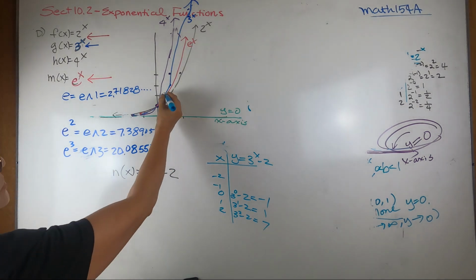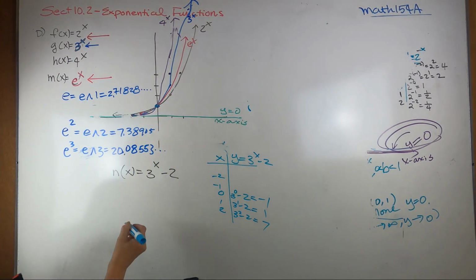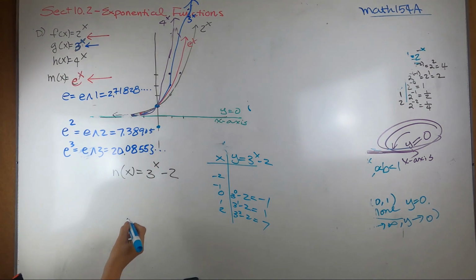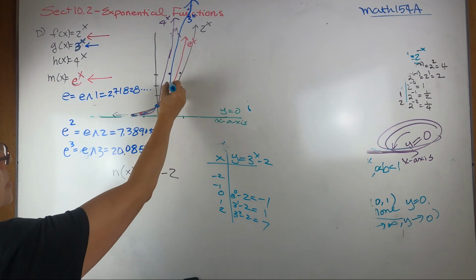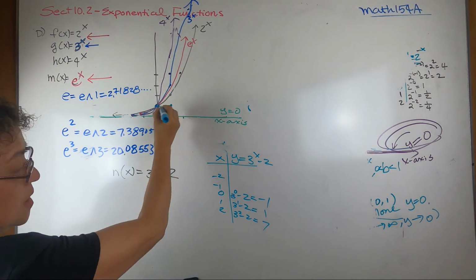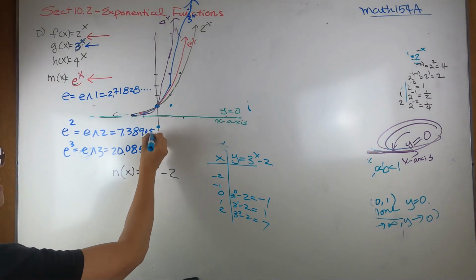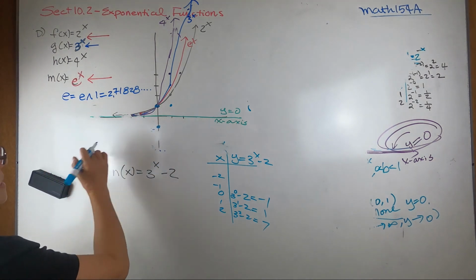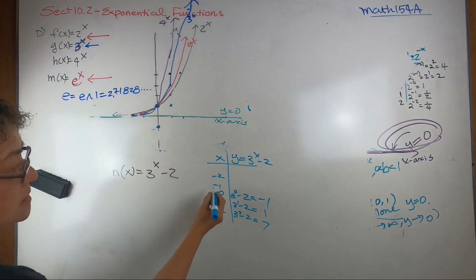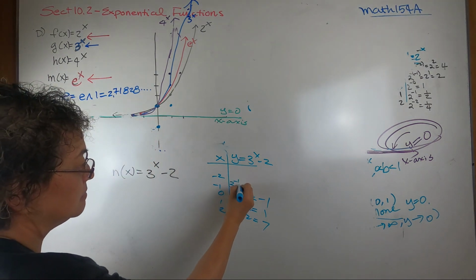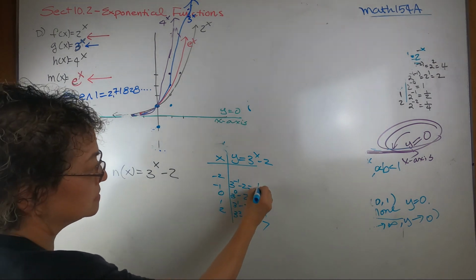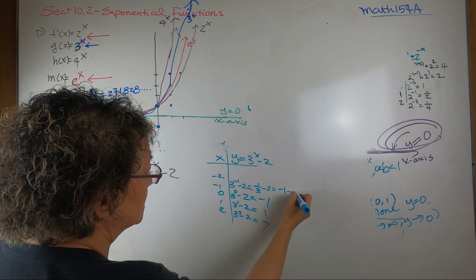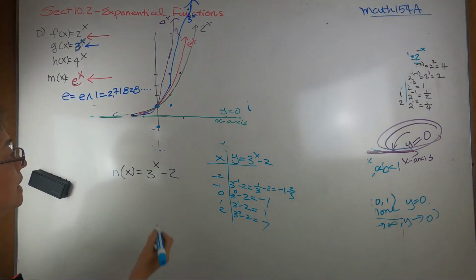Instead of there, you have negative 1, then instead of 4, you have 1. So here, it gets smaller and smaller.